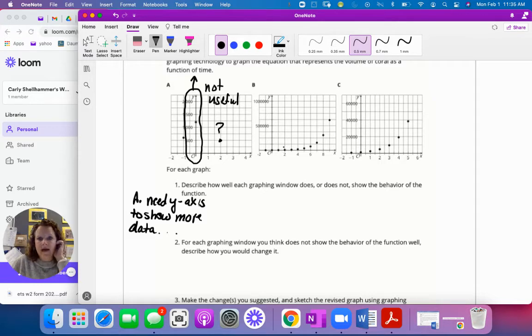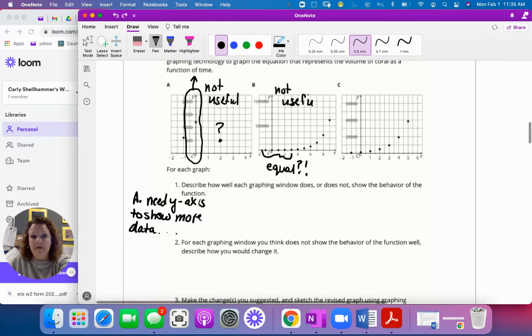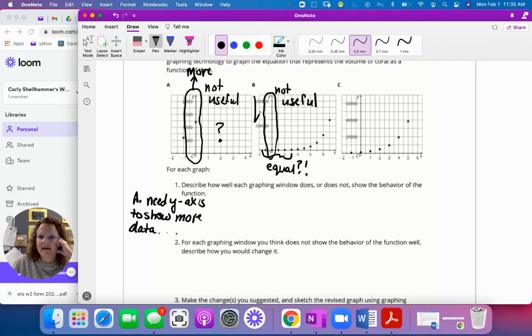Okay, if I look at B, years -1 to 3, they look equal. And we know they're not equal. Okay, so this one's also not useful. So for graph A, we needed the y-axis to be more, in graph B, we really need the y-axis to be less.